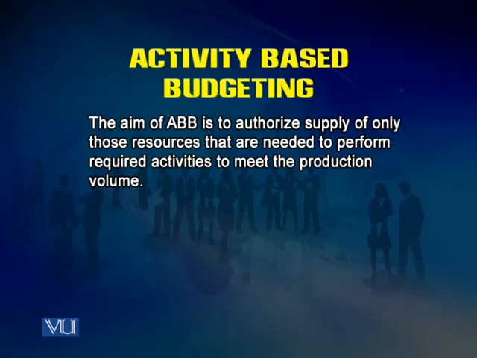In activity-based costing, we saw that costs were accumulated according to the consumption of resources by the products. So the cost drivers were used to identify and measure the amount of resources used by the various products.